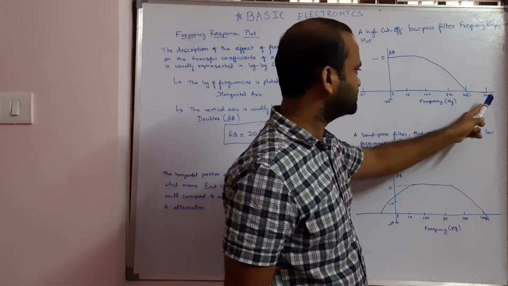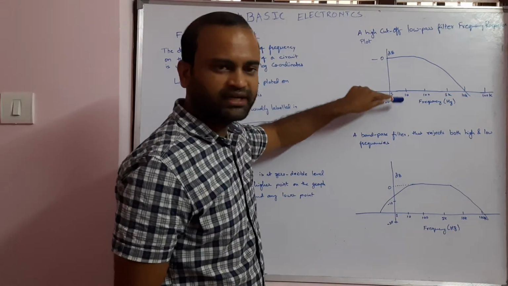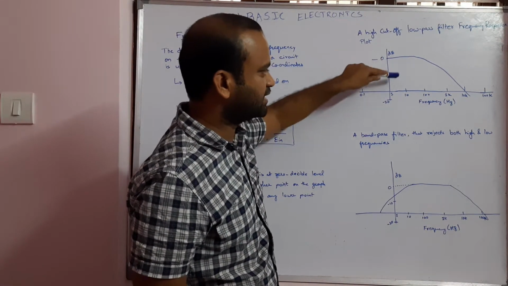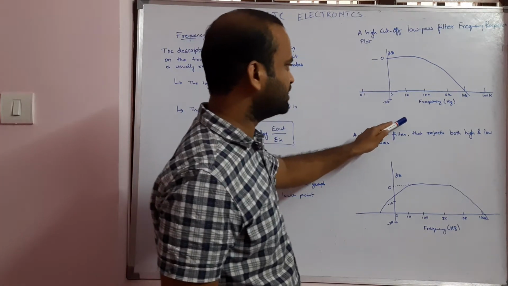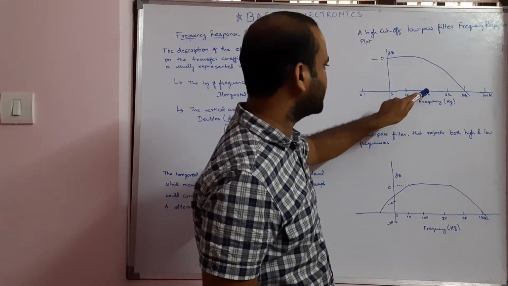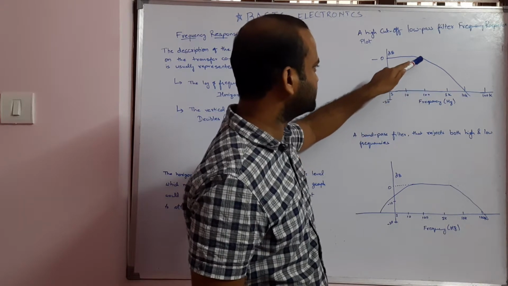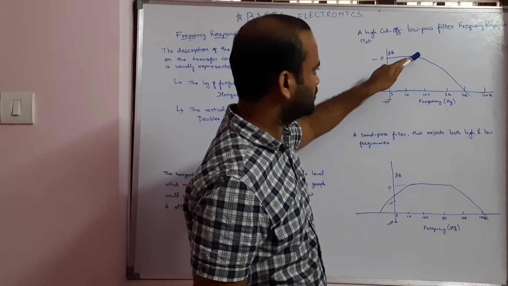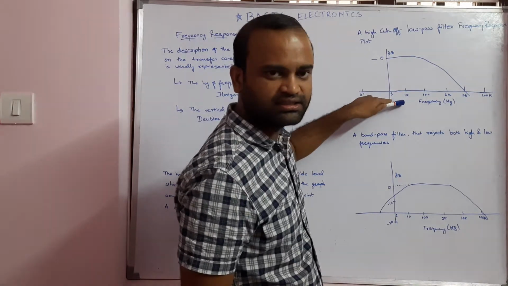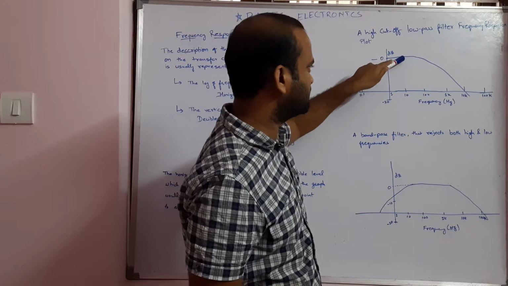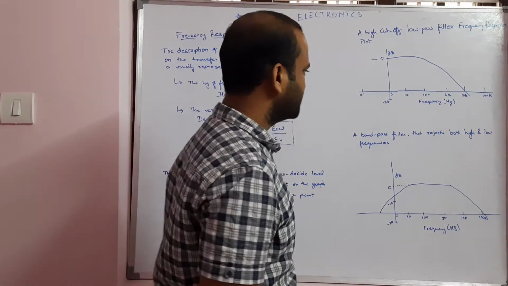The frequencies and the respective decibel values are plotted on the vertical axis. For 100 hertz, the decibel value is at this level, and for 10 hertz, the decibel value is at 0 decibels on the horizontal level.